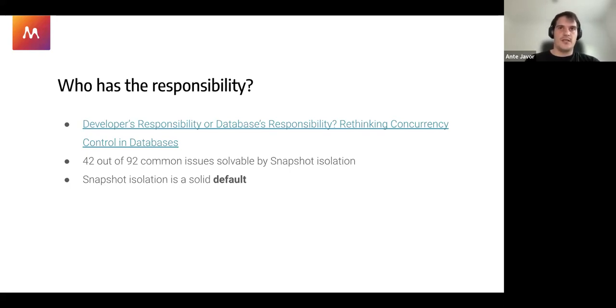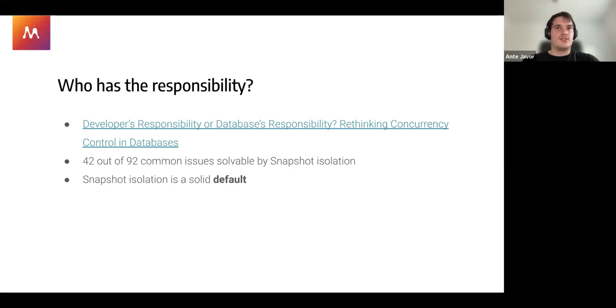This paper discusses how we should handle concurrency errors and concurrency bugs, because those are very common and very hard to debug. It was interesting to see that they detected 92 common issues, and 42 of those 92 issues are solvable by the snapshot isolation level.